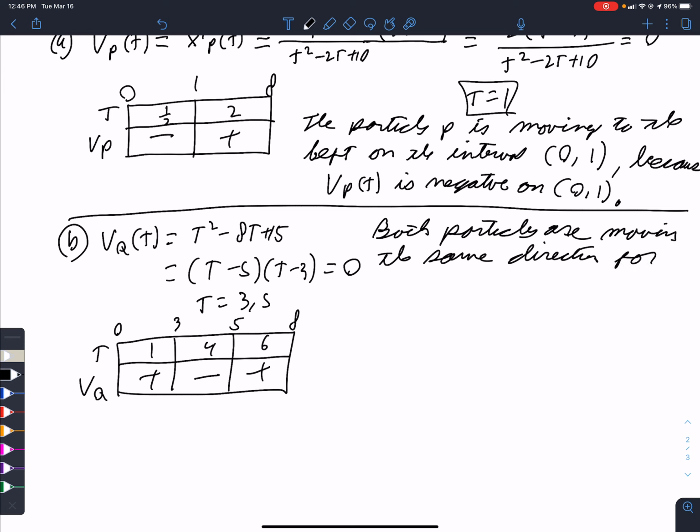For t between 1 and 3, so 1 to 3, they're both positive. And the other region was 5 to 8, right?